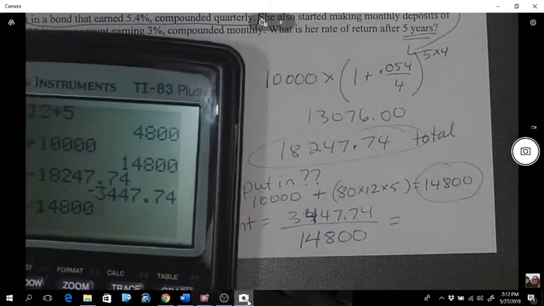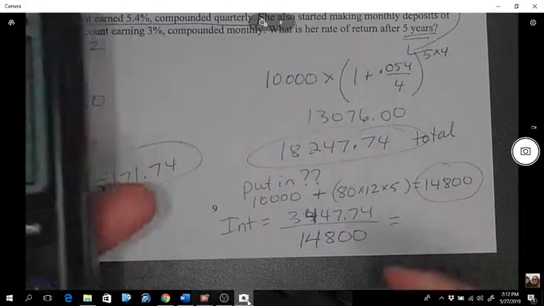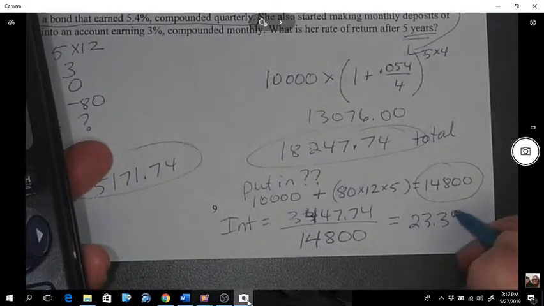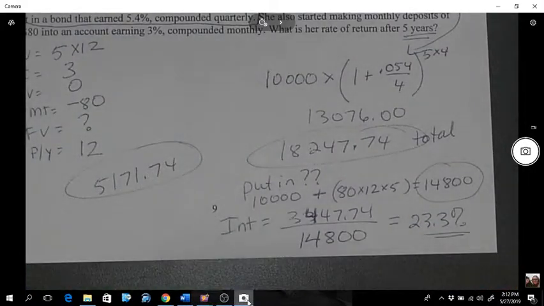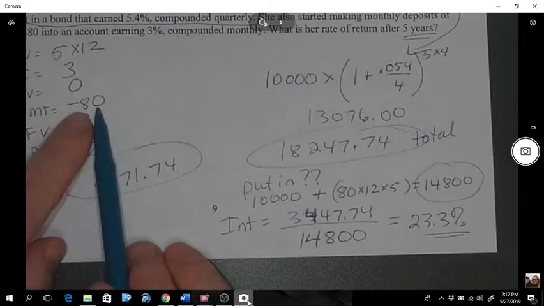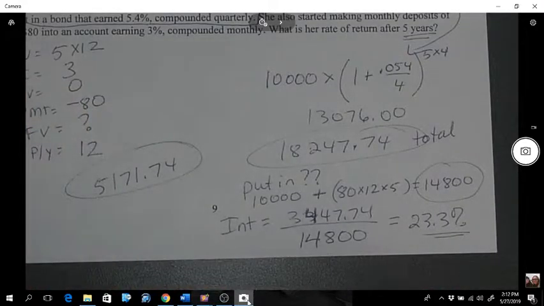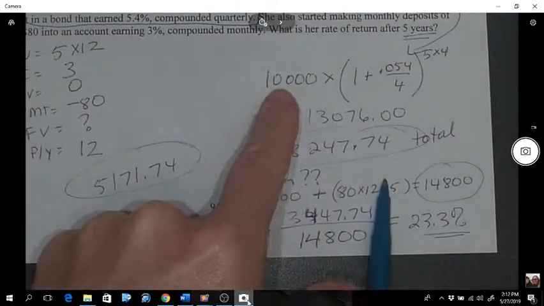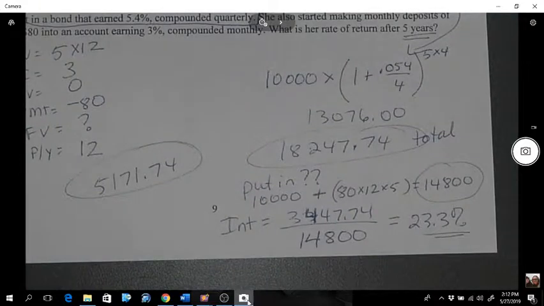And we divide that, and we get 23.3%. So remember, when you put in money, you have to think about how many $80 payments you make. That's what you have put out of your pocket. And here the 10,000 is what you have put out of your pocket. What we end up with at the end includes what you put in and your interest.